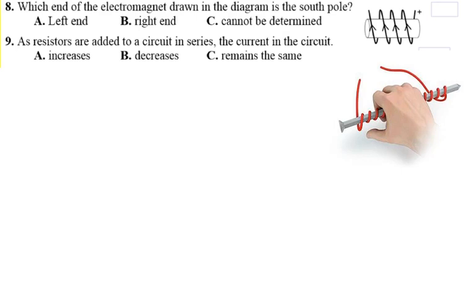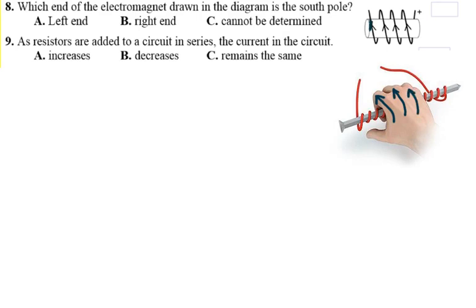The next question, number 8, says, which of the electromagnet ends drawn in the diagram is the south pole? Your fingers will show the direction of the current, and in this case the current is going up.